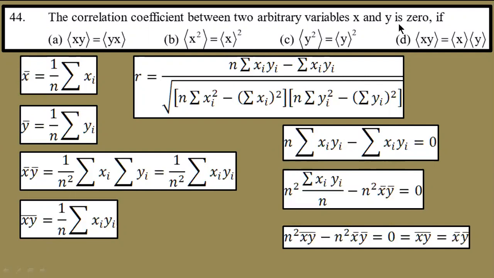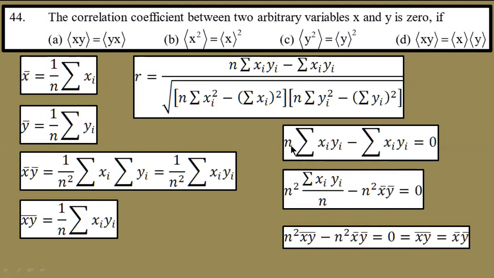Now let us look. So the coefficient, if it has to vanish, this term has to vanish. Vanish means it has to be equal to 0. Now I did some mathematical manipulation with the help of this equation. From this equation, I know that summation xi yi is equal to, if you transfer this n squared to the left hand side, n squared times x bar multiplied by y bar.